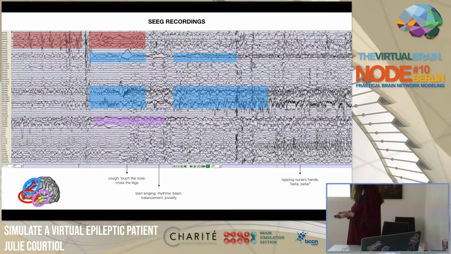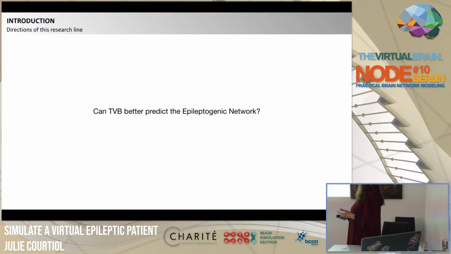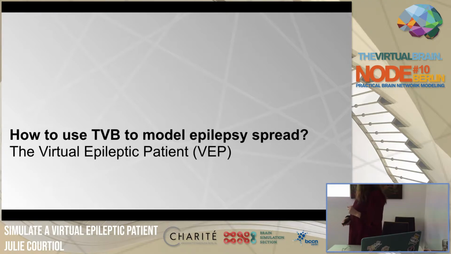So one of the questions will be, can TVB predict or refine these epileptogenic networks better? I will present now how to use TVB to model this epilepsy spread and how to build a virtual epileptic patient.